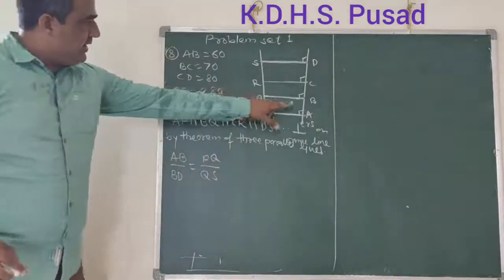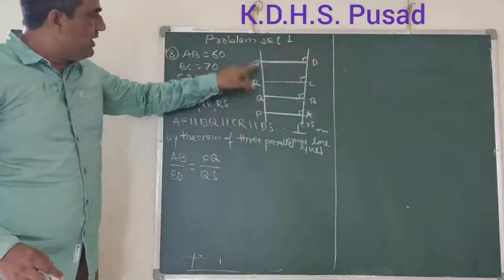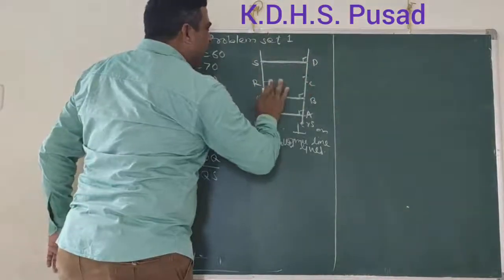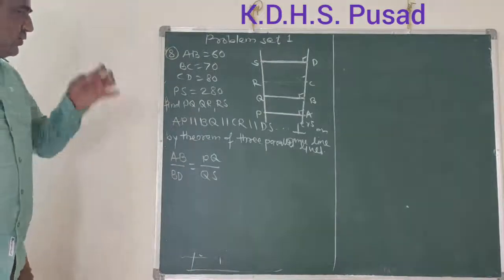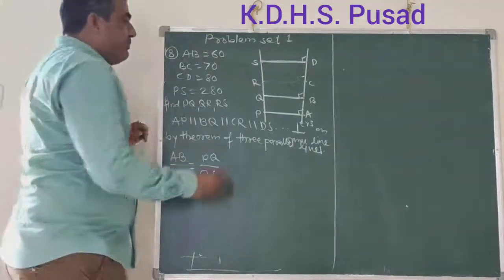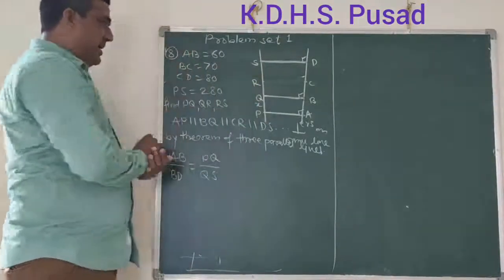Okay, AB by BD equal to PQ by QS. Now here the value of PQ we will find with X.